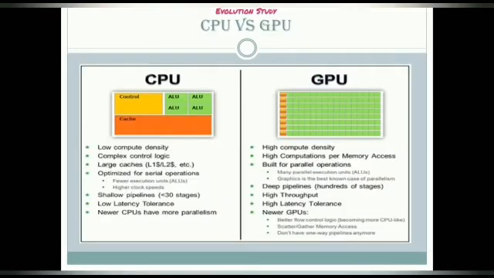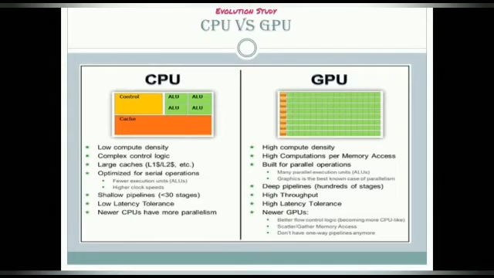Let us have a discussion about the CPU versus the GPU. In CPU, there is a low compute density, but in GPU, it is a high compute density. Complex control logic is found in CPU. High computations per memory access is found in GPU. Large caches are found in CPU.